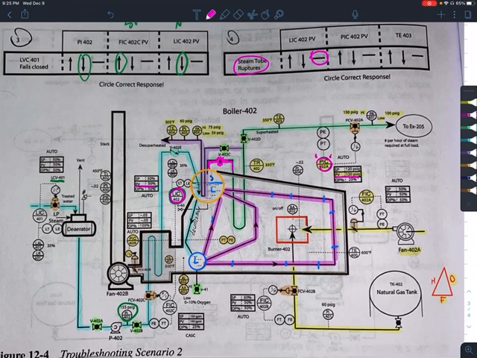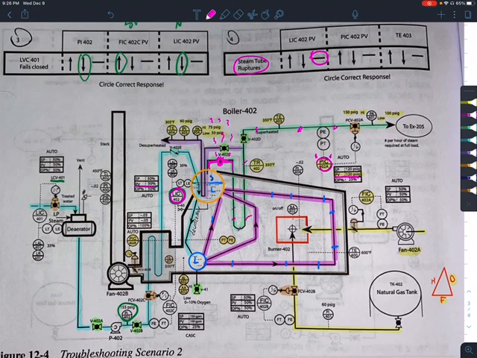So that PIC 402E, the process variable, normal operating conditions is 120 psig, but this is not normal operating conditions because this tube exploded, it ruptured. Which means all that steam's coming out here, like I said earlier. So nothing is going to get read over here because that has escaped already.